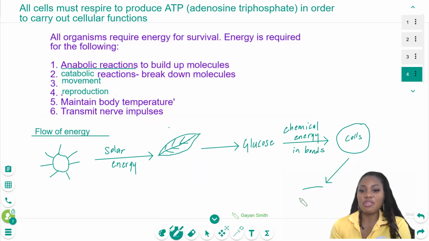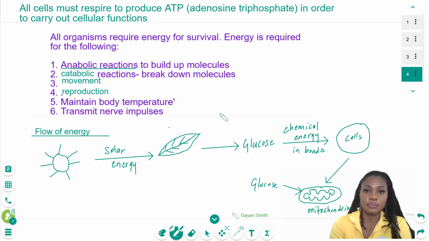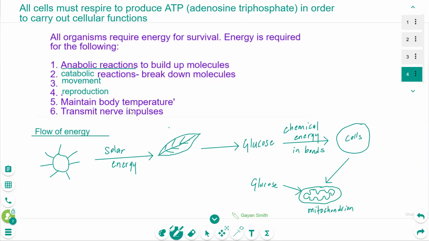So in the cell now we have the mitochondria. The glucose goes into the mitochondria, or mitochondrion, and then that produces ATP.